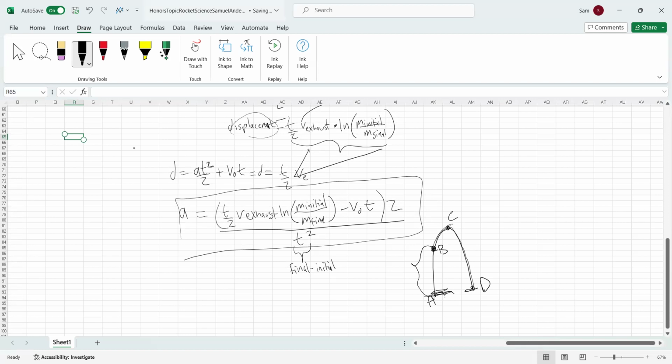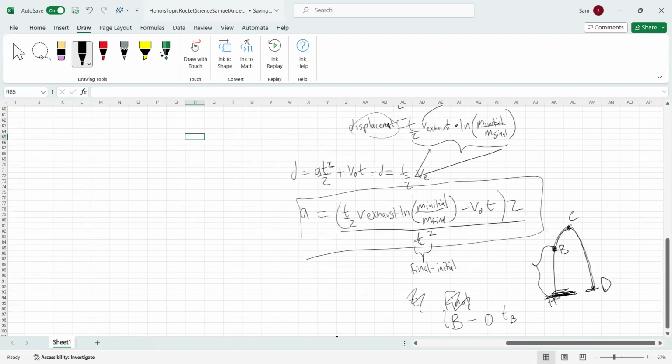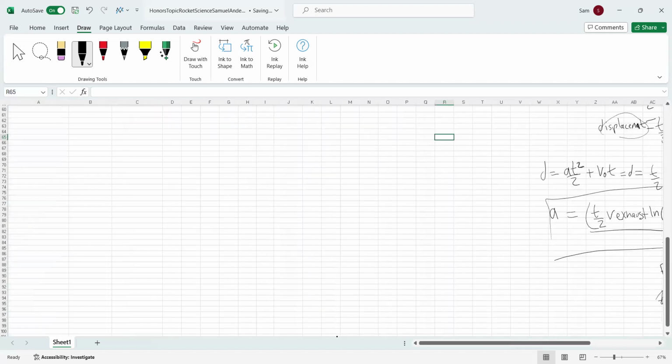But we call this time 0 at point A because that's what we care about. And so T will not be the change in time, but the time the rocket reaches point B, time B minus 0, or time A, which is just time to reach point B.